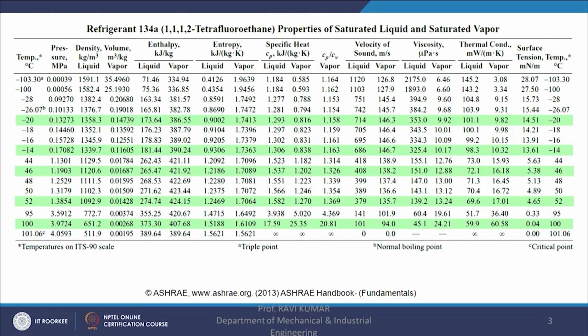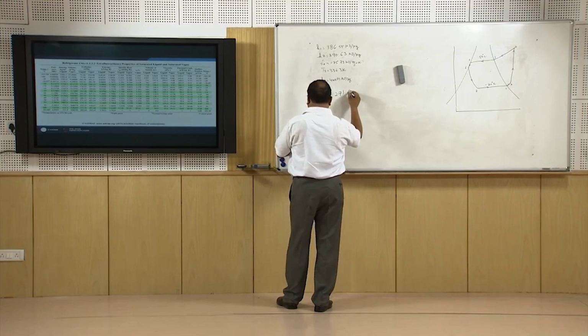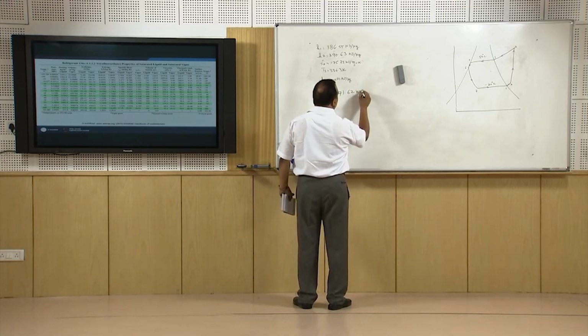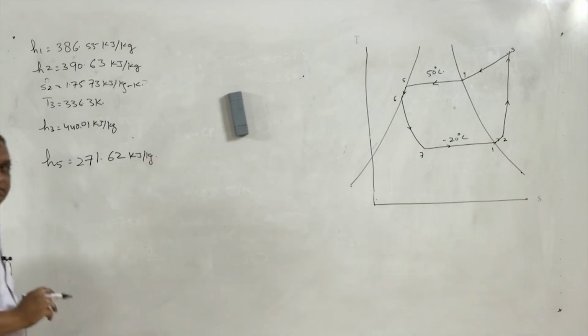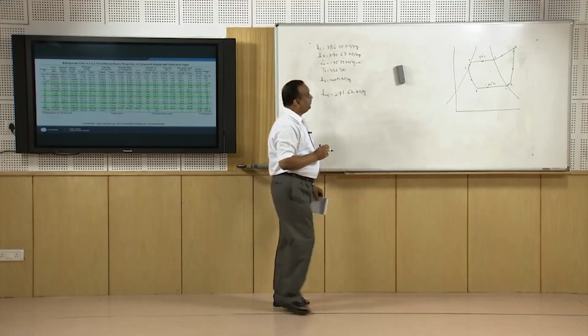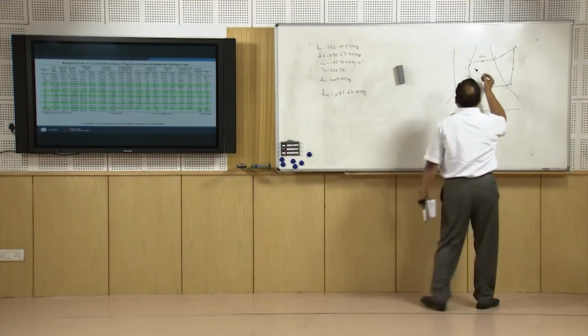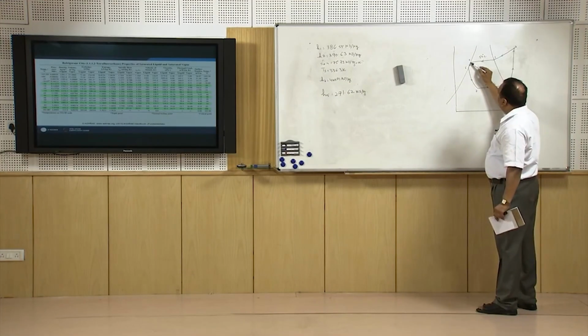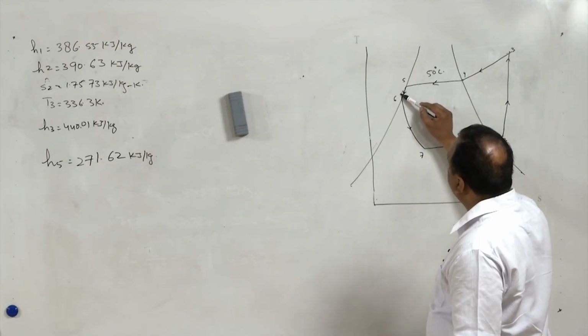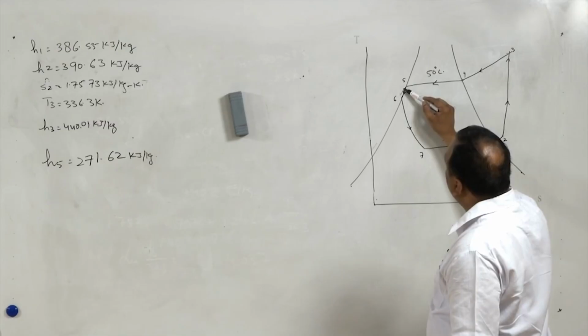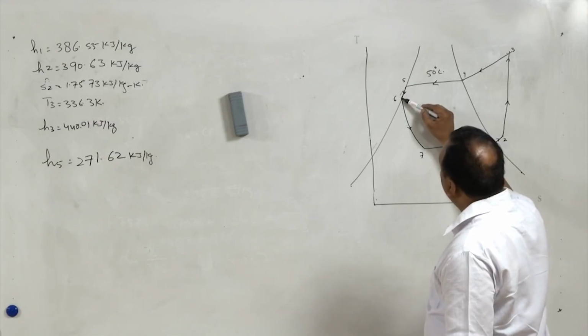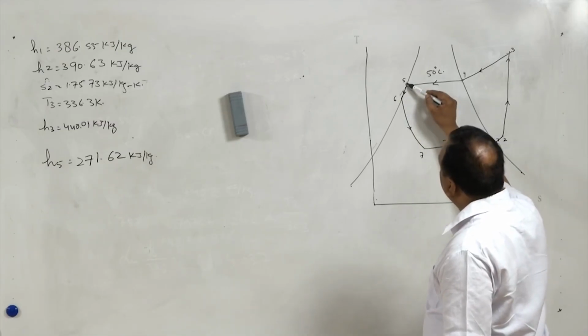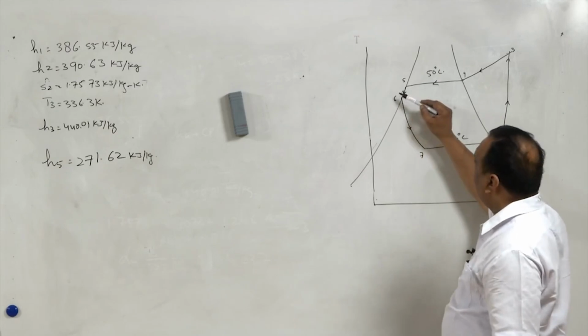H5 we can take from here: it is 271.62 kilojoules per kg. Now once we have the enthalpy at 5, the liquid is subcooled by 5 degree centigrade. So it should come somewhere here, but because this is very close to the saturation line, we can always take this point on the saturation curve itself. It is normally taken like this.